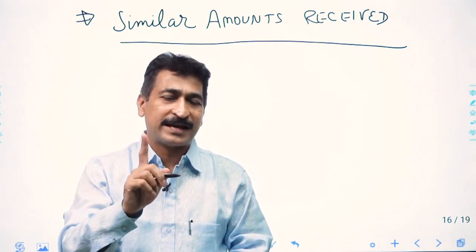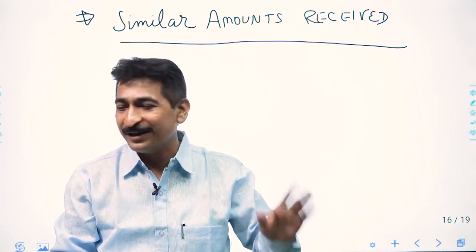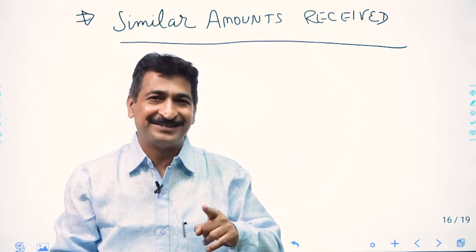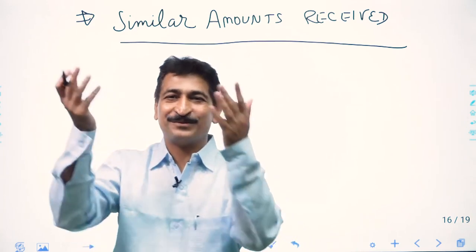When there was same simple interest, total interest was same, total interest is RT, 1 upon RT. When it was same amount received, what is amount? 100 plus RT. So, 1 upon 100 plus R1 T1, 1 upon 100 plus R2 T2.